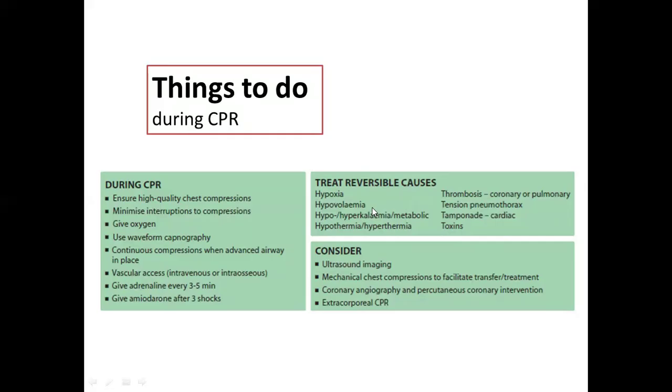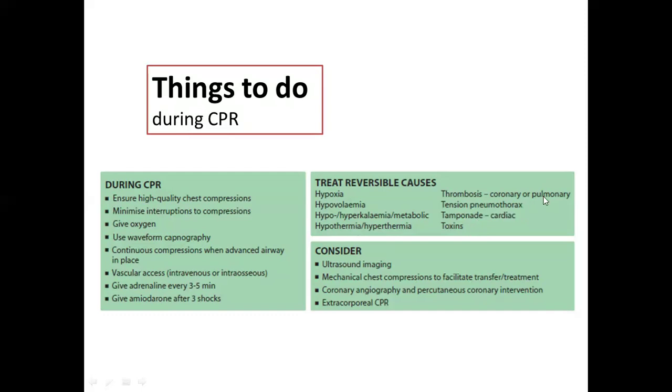Hypoxia, hypovolemia, electrolyte imbalance and sugar problems, and metabolic issues, hypothermia and hyperthermia, thrombosis, that means pulmonary embolism and ACS, tension pneumothorax, cardiac tamponade, and toxicological causes. Those are the reasons for cardiac arrest.